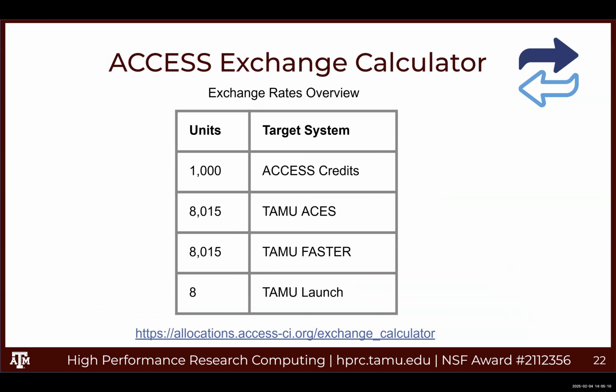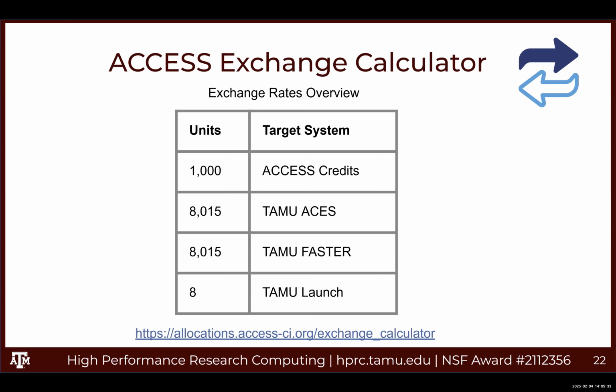Now, there's a whole Access Exchange calculator at this website down here, and there's a whole bunch of systems on there. I just pulled out the ones that we have. So for 1,000 access credits, I could get 8,015 SUs on ACES.